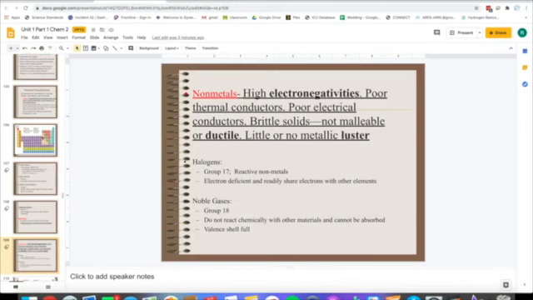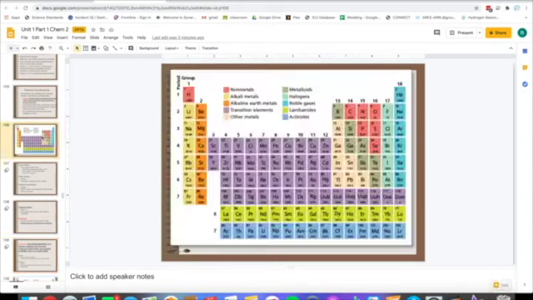They do not react chemically with other materials. Their valence shell is full, which we'll talk about in the next video. They are in this last column. So that is your noble gases: helium, neon, argon, krypton, xenon, and so on.